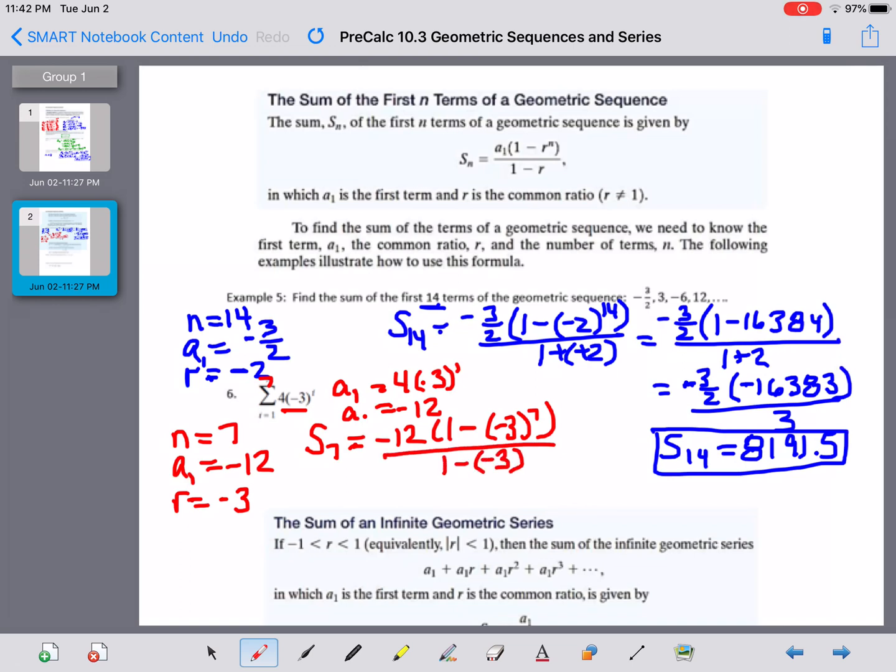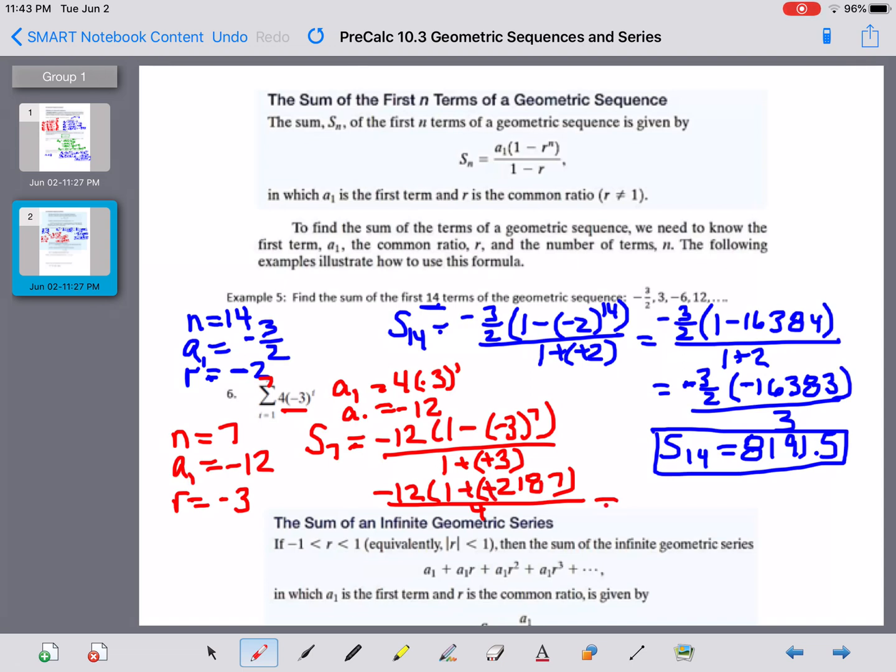So a little simplification, negative 12 times 1 minus negative 3 to the 7th power is, I'm suddenly wishing I was not in scientific notation, negative 2,187, and that's all going to be over 4. All right, so it looks like it's 1, it's going to be 1 plus that 2,187.